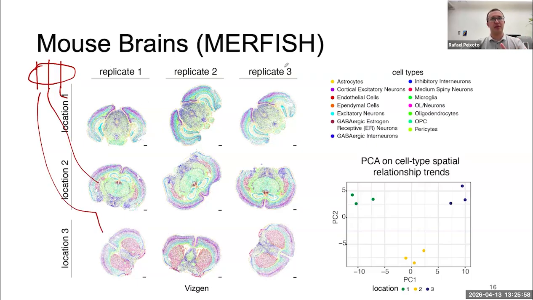So what we do with CRAWDAD, we calculate the z-score trends for all cell type pairs. Imagine you have a cell type pair, and you calculate the z-score trend with one as a reference and the other as a neighbor. In order to compare multiple cell types, we needed to come up with an idea of how to summarize this information.